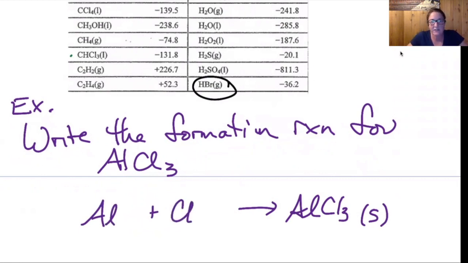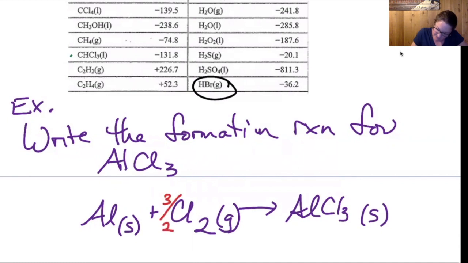No. Is chlorine diatomic? Yes, so I'm going to add a 2 there. Aluminum, I'm sure you're familiar with, at room temperature is a solid, and chlorine is a gas. To balance this reaction, I have 3 aluminums on the right and 2 aluminums on the left. So since that's an odd number, I'm going to multiply by 3 halves, and I have that reaction done.